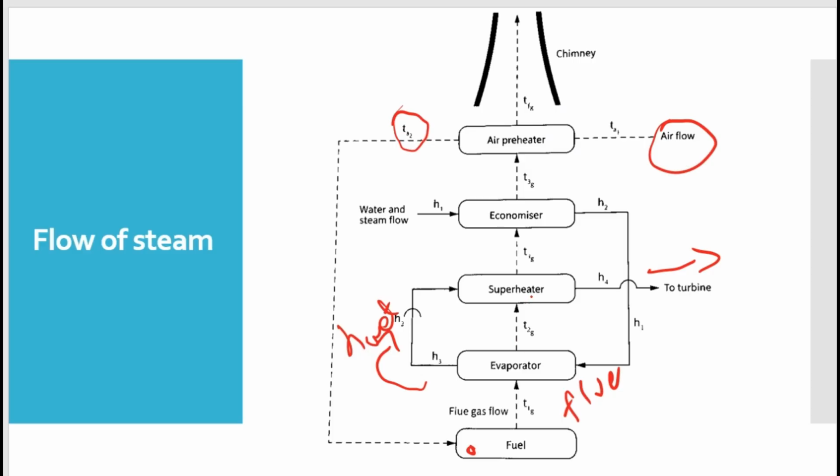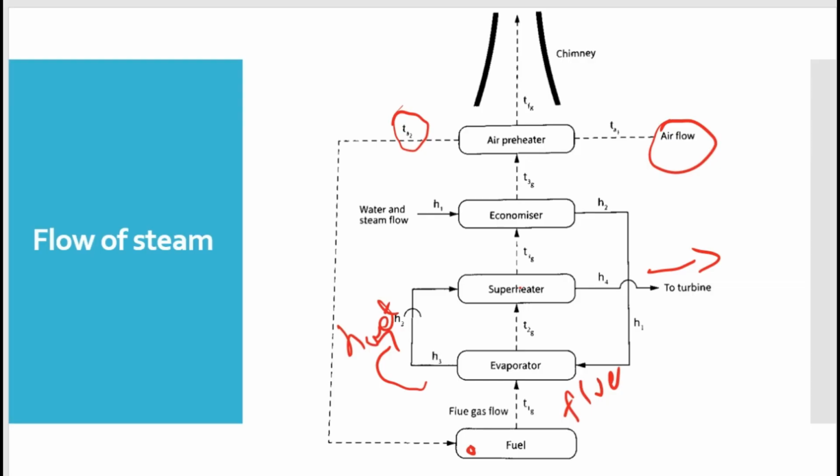They leave the evaporator, they pass through the superheater. Again, they enter the superheater at high temperature and they leave at low temperature. And it is the heat of flue gases that causes the superheater to heat the steam that is produced by the evaporator.